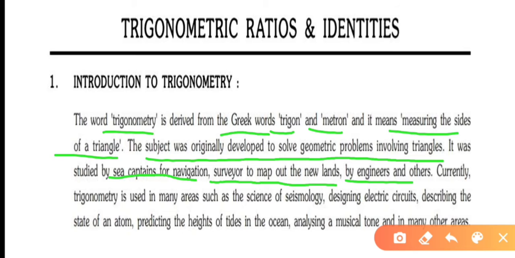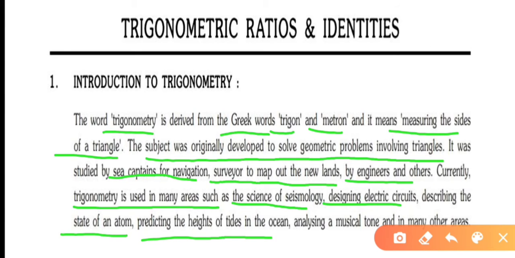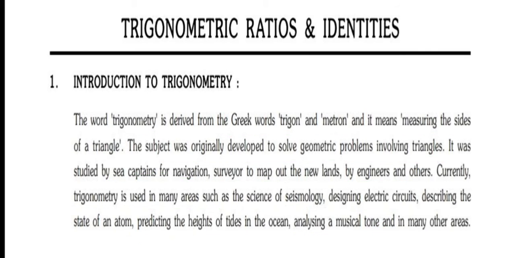Currently, trigonometry is used in many areas such as the science of seismology, designing electric circuits, describing the state of an atom, predicting the height of a tide in the ocean, analyzing musical tones, and in many other areas. It has very wide applications in our day-to-day life. So it is nothing but an introduction to trigonometry.